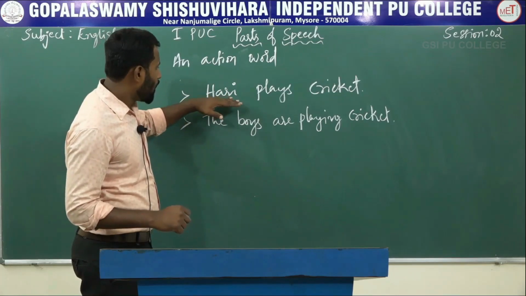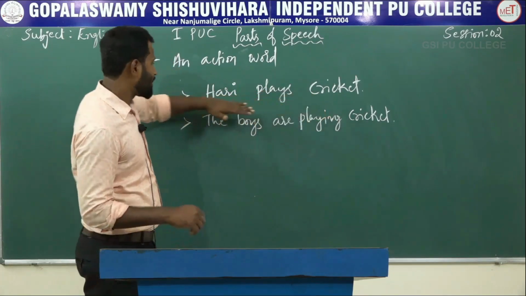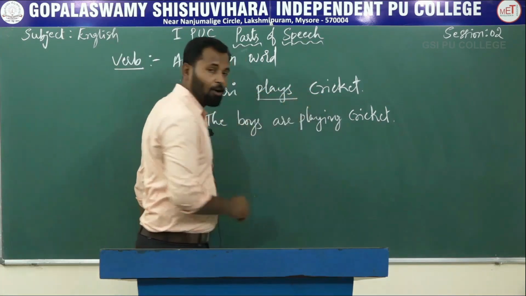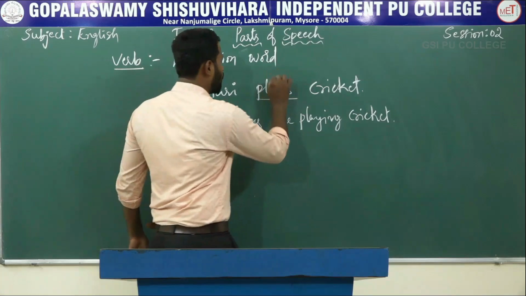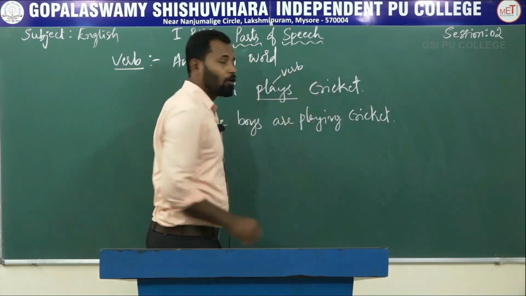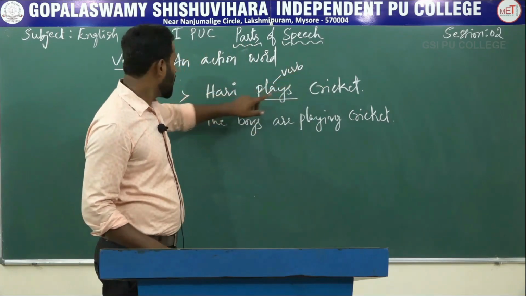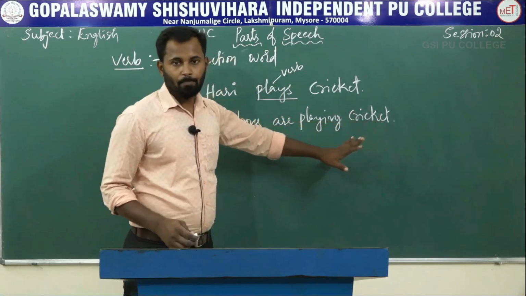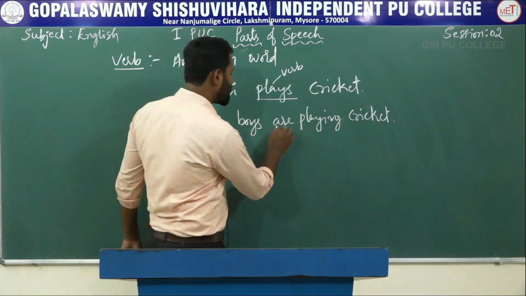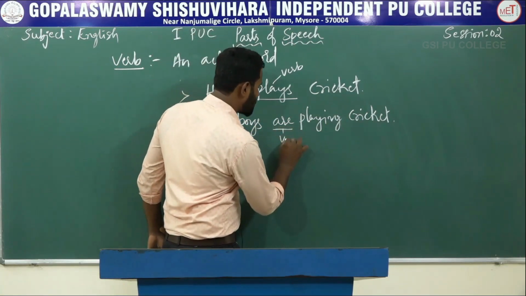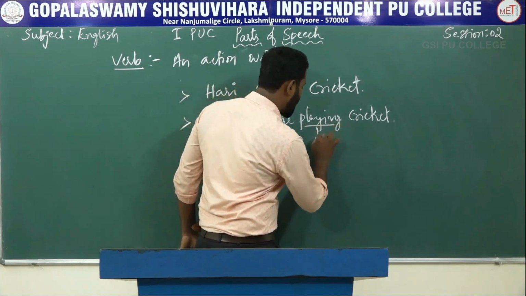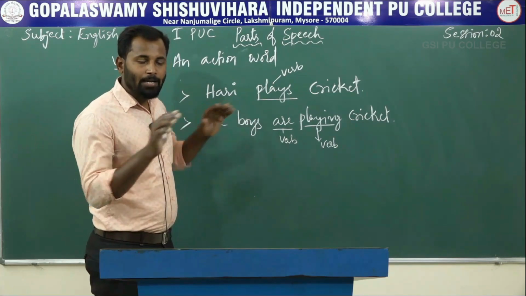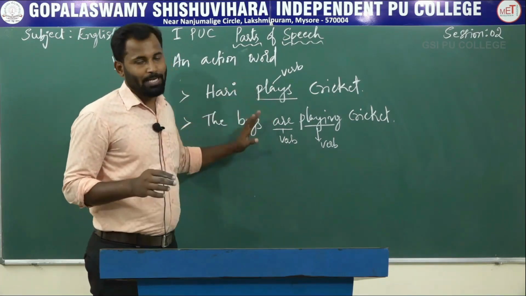Here Hari plays cricket. In the first example, Hari plays cricket, and you have the word play, which is a verb. And the next one, the boys are playing cricket. You have two verbs in the second sentence. Are is also a verb and playing is also another verb. Now we have to understand the difference between these two sentences.